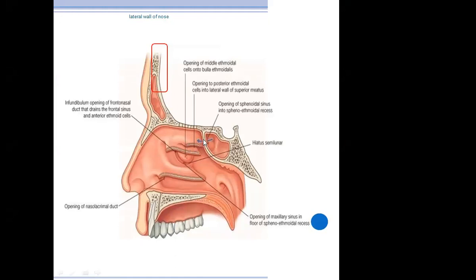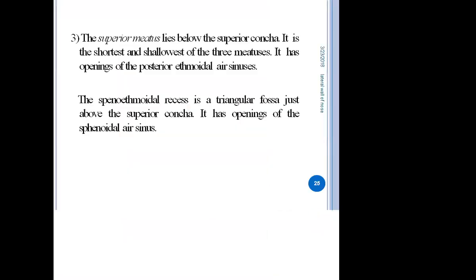This recess is called the sphenoethmoidal recess. Sometimes this sphenoethmoidal recess receives the opening of the sphenoidal sinus. It is a triangular fossa just above the superior concha, and it has the opening of the sphenoidal air sinuses.